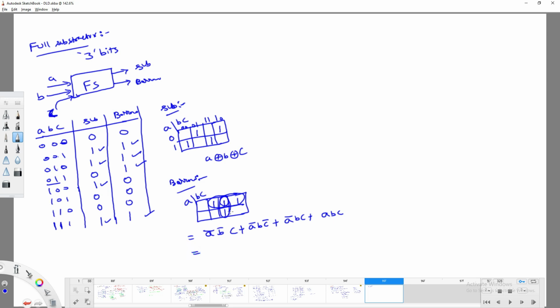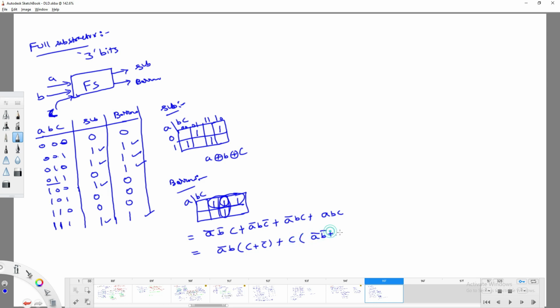As I do in the full adder, the same procedure I am trying to follow, because I can represent it in the form of a half subtractor or not. Okay, fine. See, try to do that. Here I can take out A bar B from this one. If I take A bar B, you will get C plus C bar. From these two, can I take C as common?